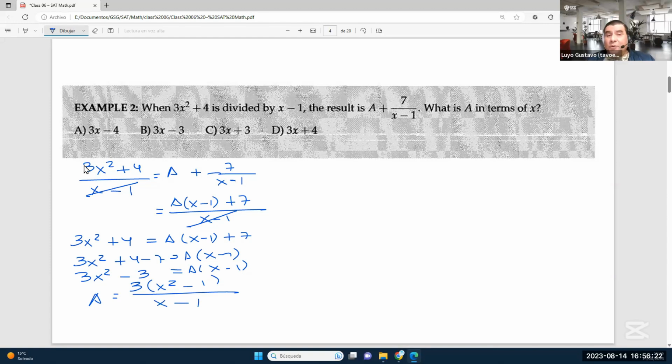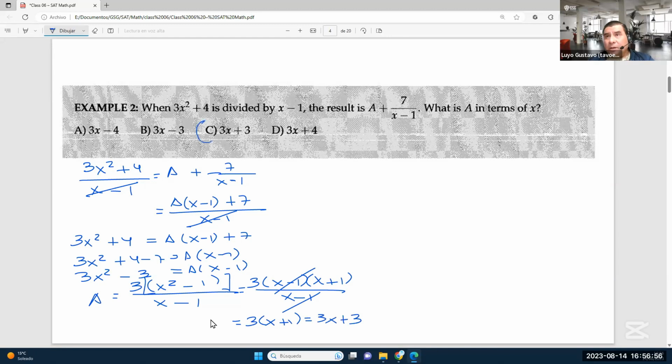Well, if you have done your homework about memorizing algebraic identities, the basic ones we saw in a previous lesson, for example, the difference of squares, then you know that this part here can be factored as (x minus 1) times (x plus 1). And so this goes away with this. Finally, you got a: 3 times (x plus 1), or 3x plus 3.